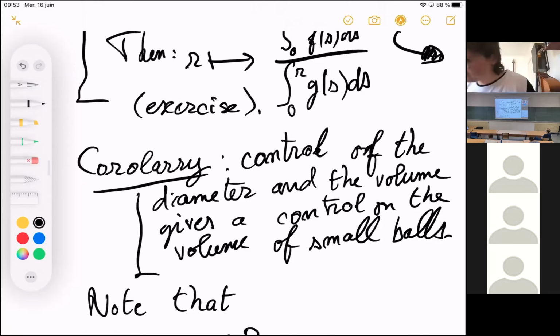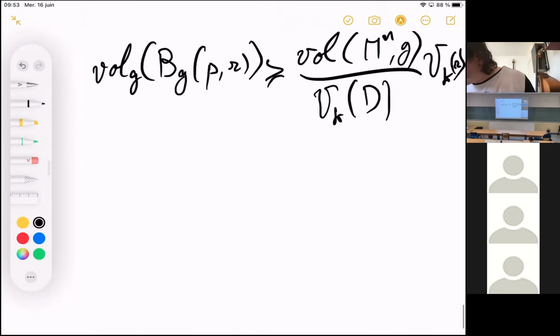Which is very useful, and let's see an instance of where it's very useful.